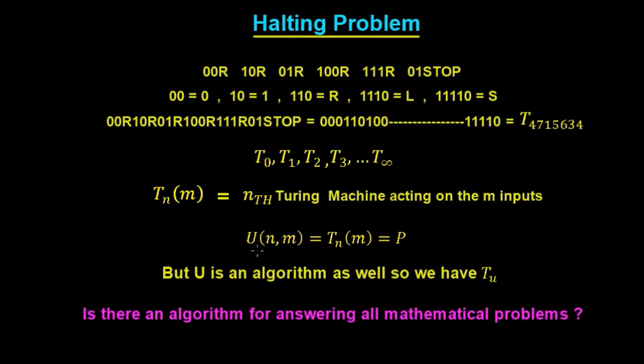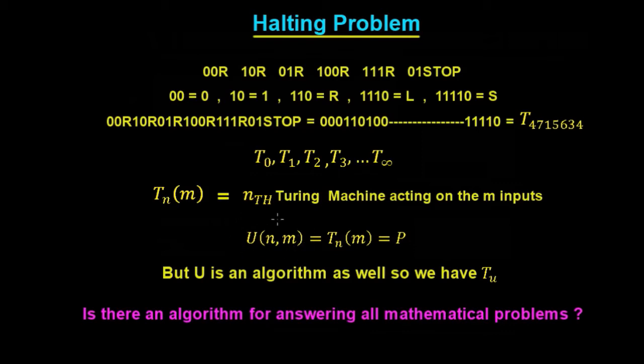So we could say the universal Turing machine acting on the nth machine and m inputs. Whenever you put an input in and work through the algorithm, you'll get an output, and that output will be p. You can think of this in terms of our CPU.